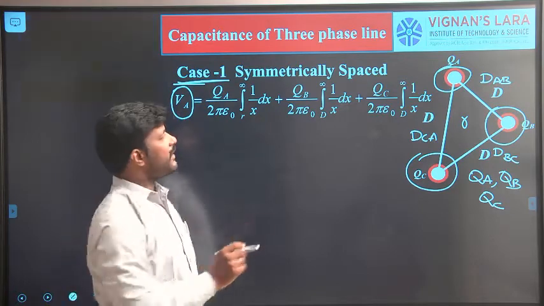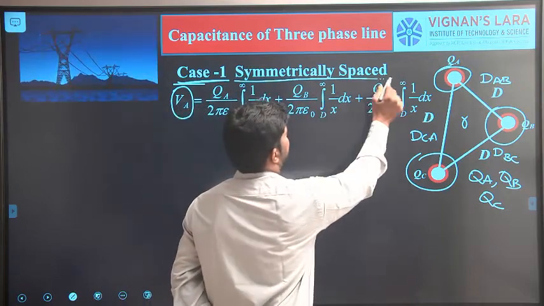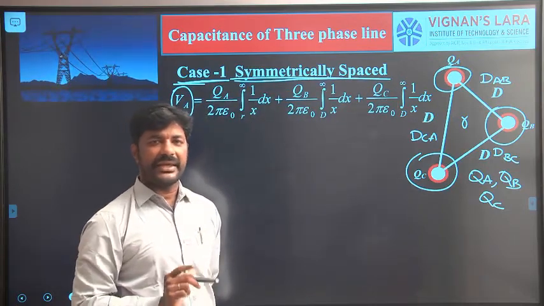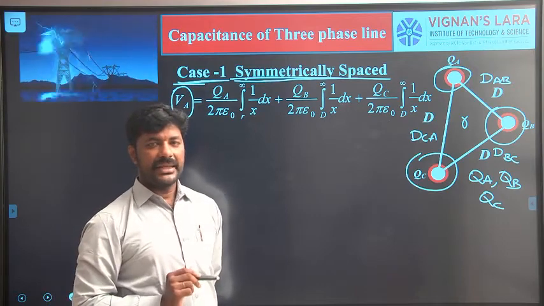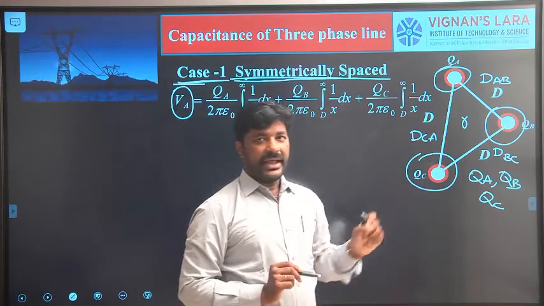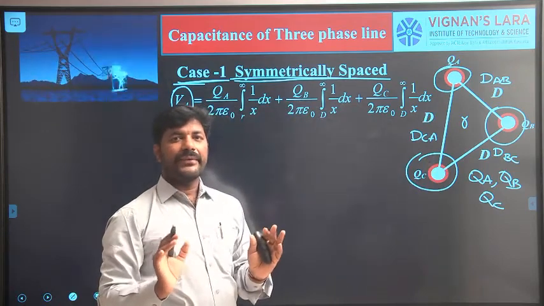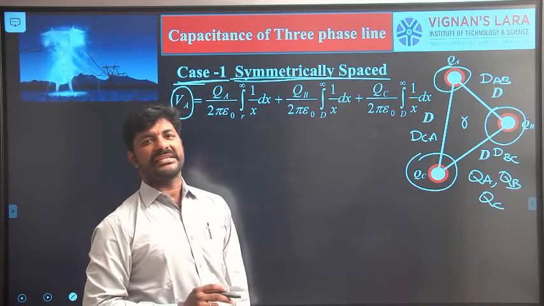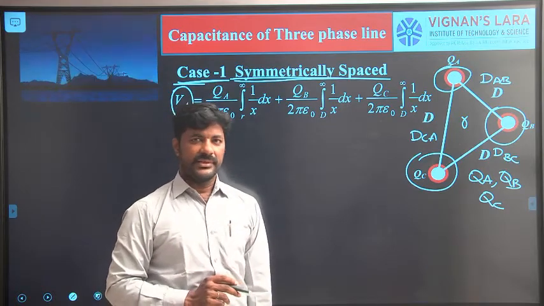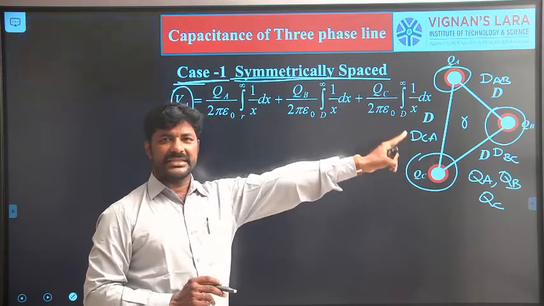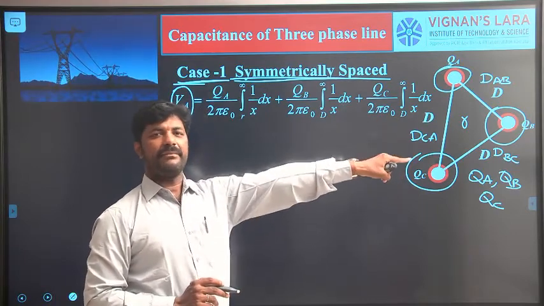The meaning of a symmetrically spaced line is that the three conductors are separated by equal distances. In other words, these three conductors are located at the corners of an equilateral triangle. In an equilateral triangle, all three sides have the same length, so the distance between any two conductors in this three-phase three-wire system will be the same.